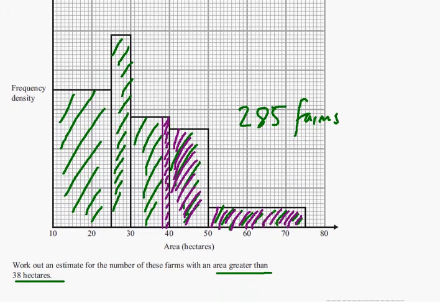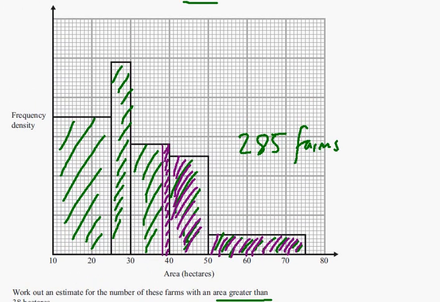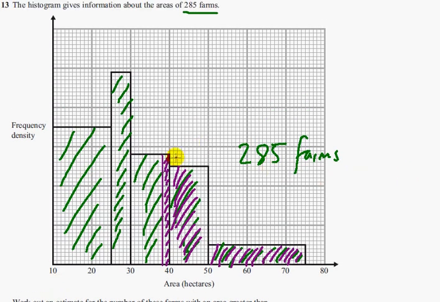So I'm going to find the proportion that's greater than 38 hectares. Now, if you carefully add up all of these squares in the purple, you'll get 431 little squares. It's not that difficult because these centimeter squares are 5 by 5, so you know there's 25 in each centimeter square.